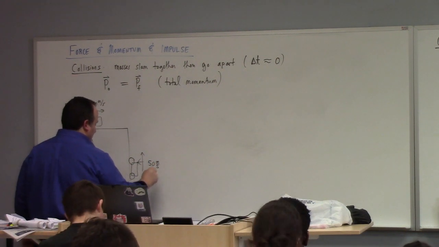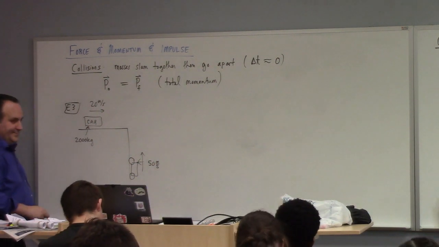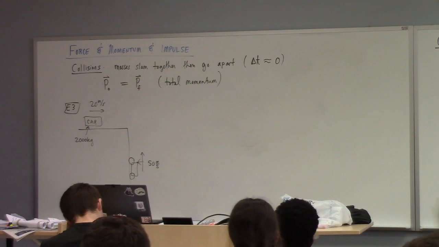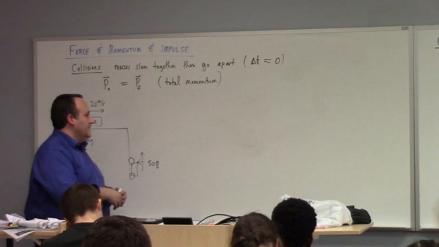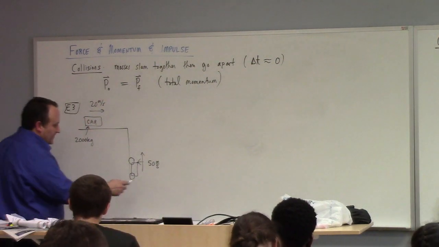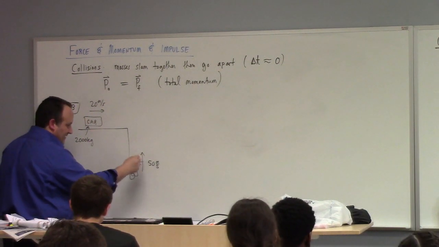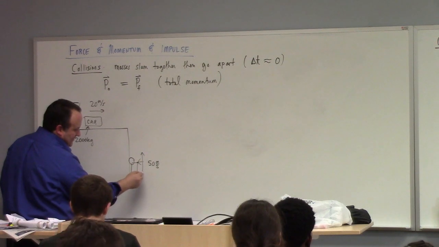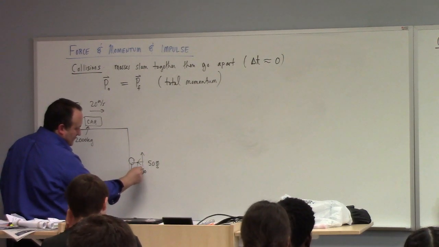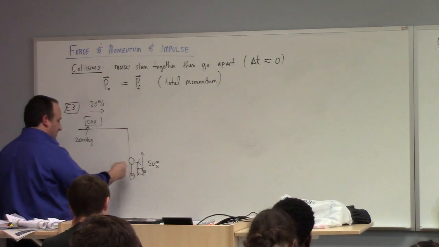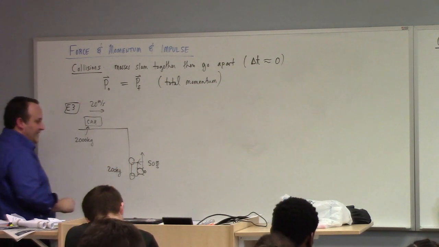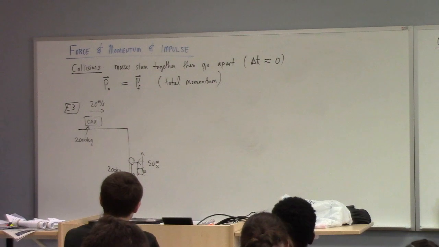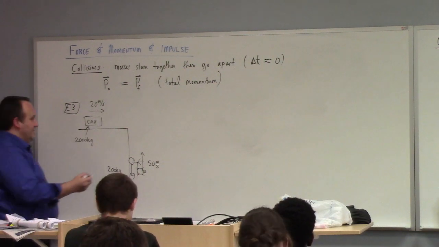Yeah, it's really moving. And suppose that the mass of the bike, including the rider, suppose it's got a fat baby on it. The baby's really fat. So let's say 200 kilograms. Okay? And then they collide.